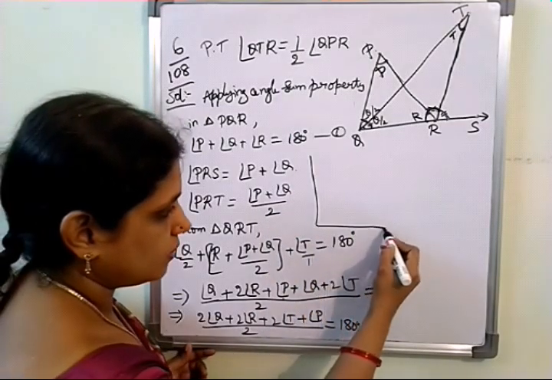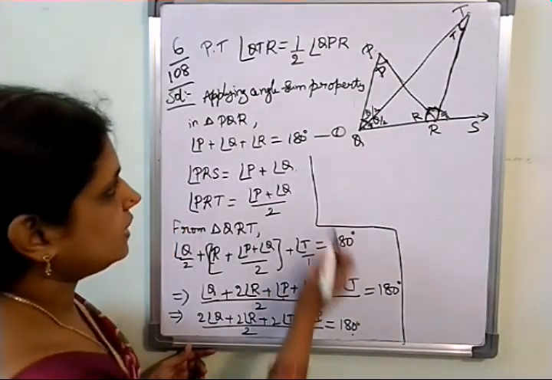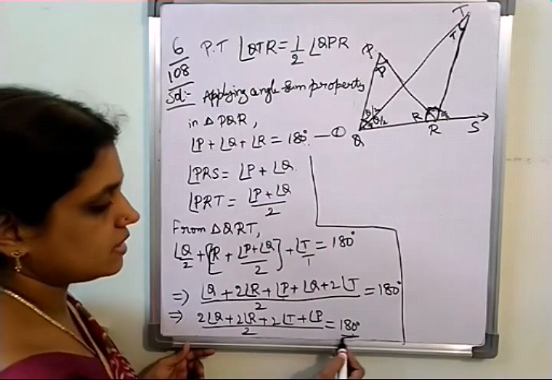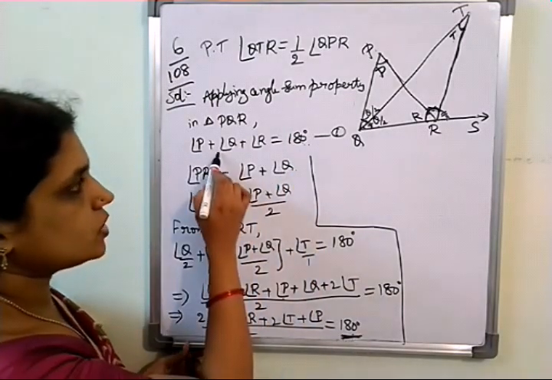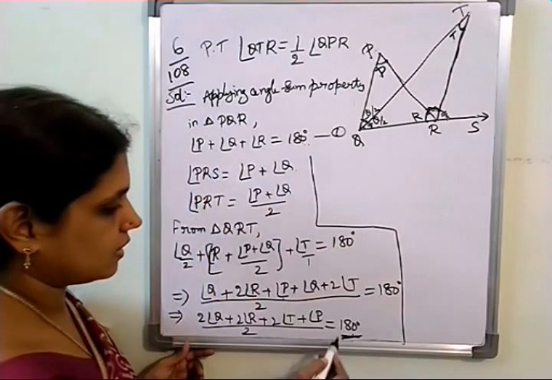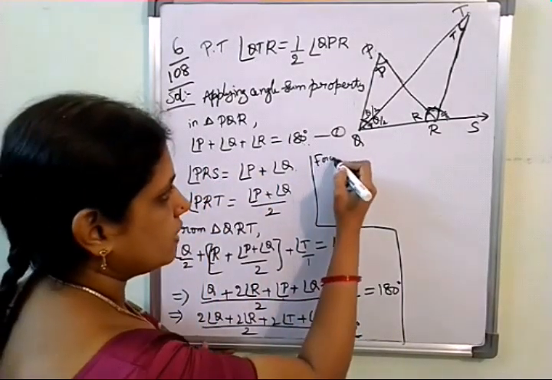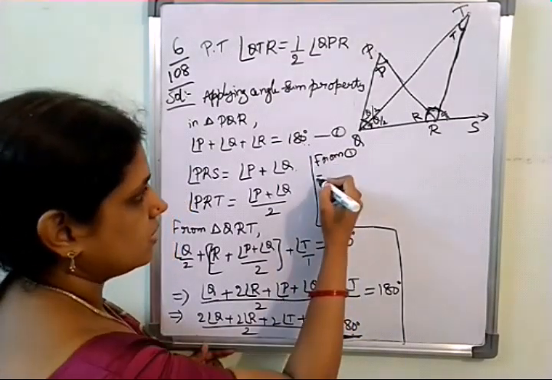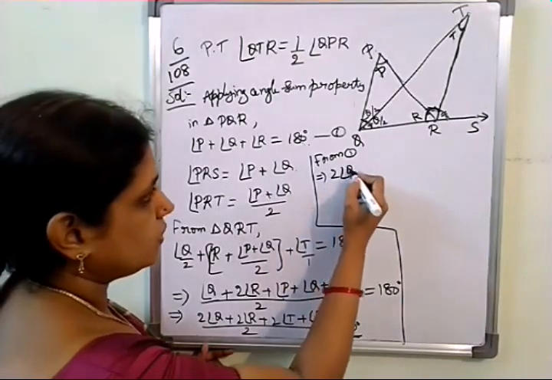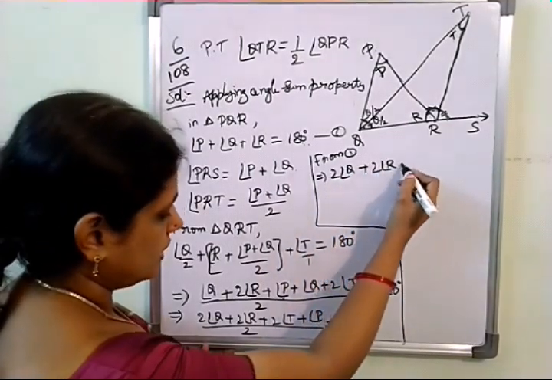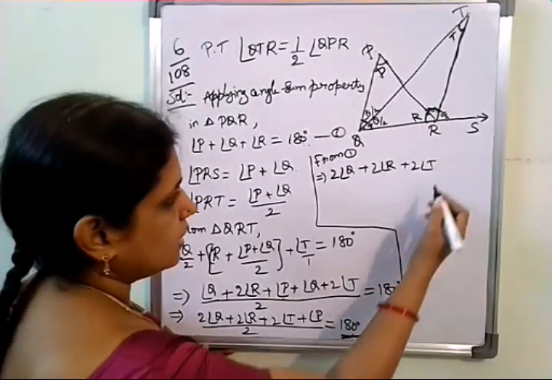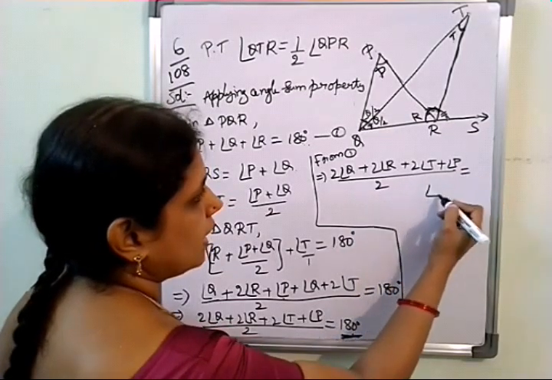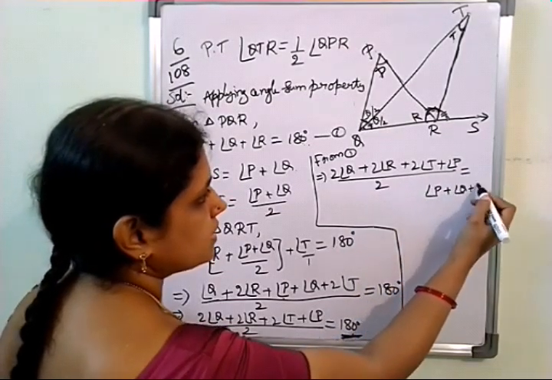Now here, 180 degrees, if you substitute 1 here, that means in place of 180 degrees we can substitute angle P plus angle Q plus angle R. So from 1 we are going to substitute in this equation: 2 angle Q plus 2 angle R plus 2 angle T plus angle P by 2 equal to angle P plus angle Q plus angle R.